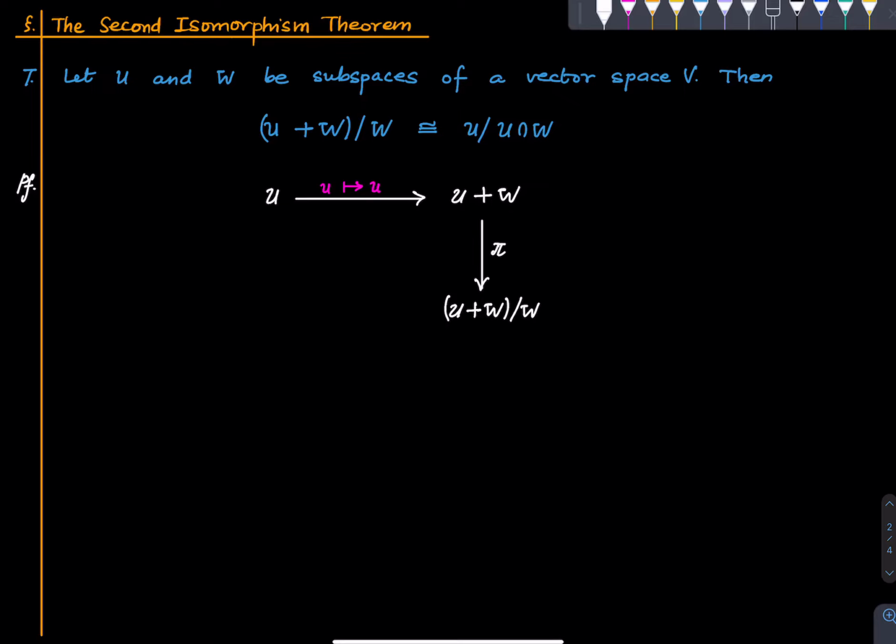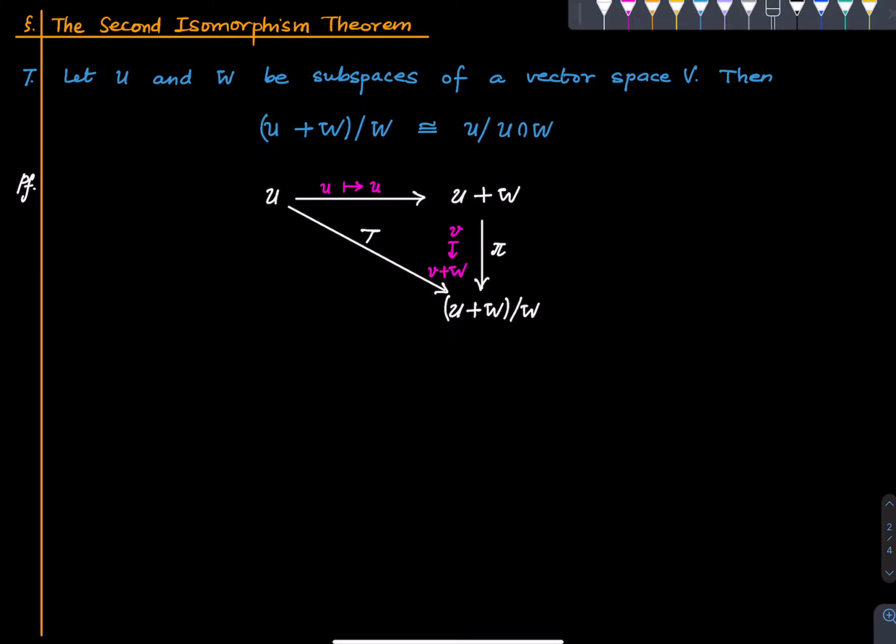So this is the natural projection map, which takes a vector v here to v plus W, the corresponding left coset. Okay, so we get a composite. Call it t. So t is nothing but pi composed with this inclusion.